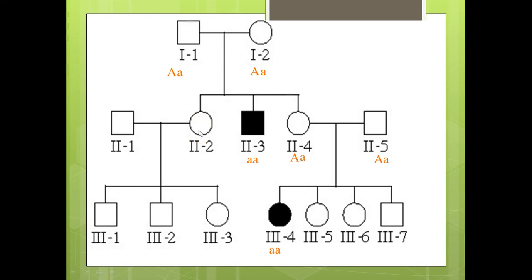So her genotype, as much as we can determine, would be either capital A capital A, or capital A lowercase a. And that's true for all of the rest of the individuals. That's as much as we can determine from this pedigree, from what we see.